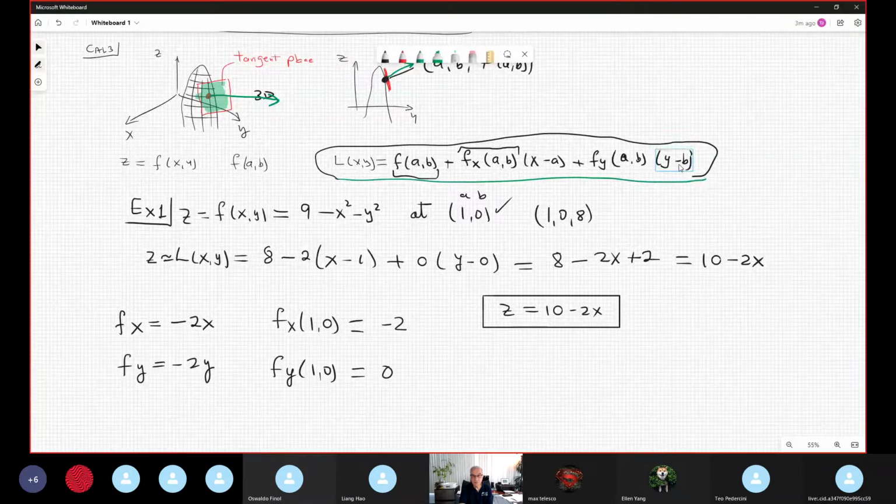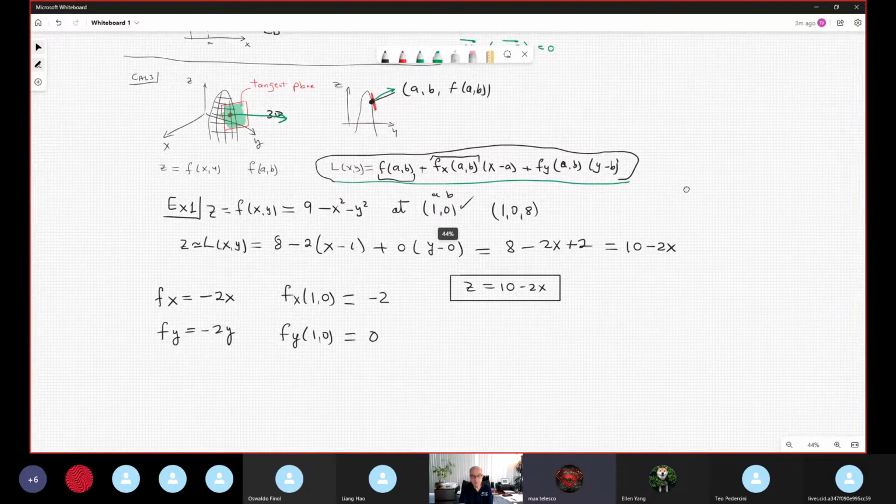What part don't you understand? I just don't. So z equals f of x comma y, and that was what was given. So does z also equal L? Like z also equals a linear approximation?